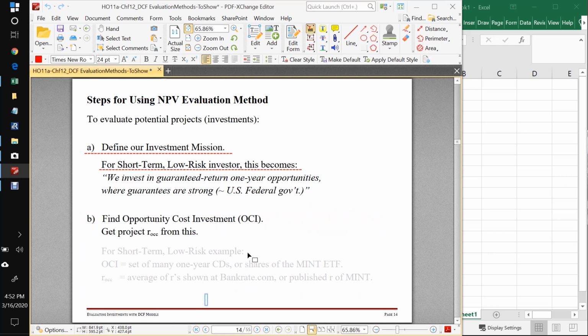And second step is we've got to go out, just like we did in the last chapter, and find an opportunity cost investment and get our opportunity cost of capital from this, exactly like we did in the last chapter.